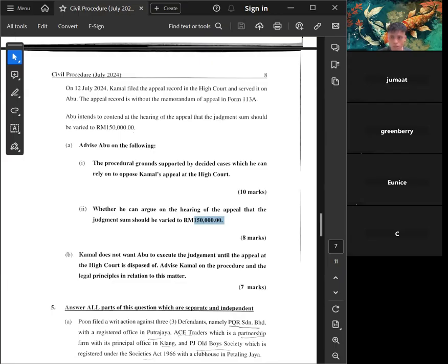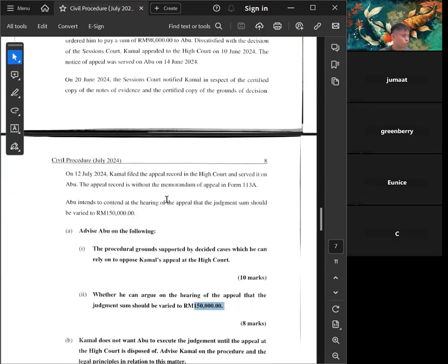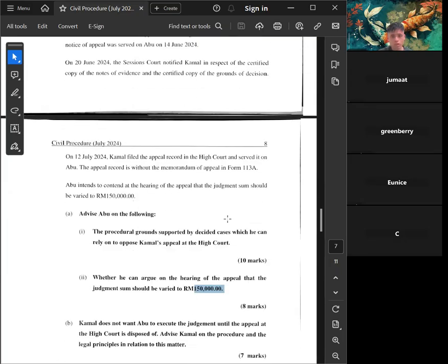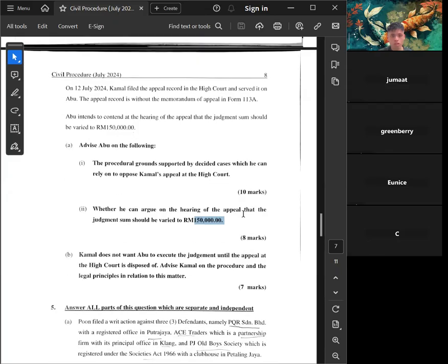Okay, thank you for highlighting the cross appeal. Just for you all, this question is quite difficult for me too, because I also spent quite some time figuring out what the notice of cross appeal is. With a notice of cross appeal, you are actually accepting the decision given by the judge.